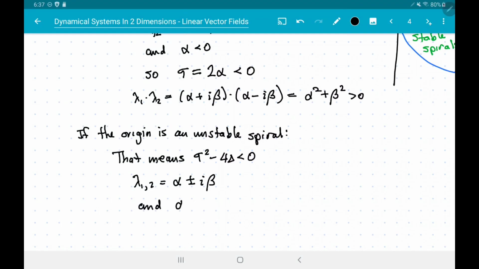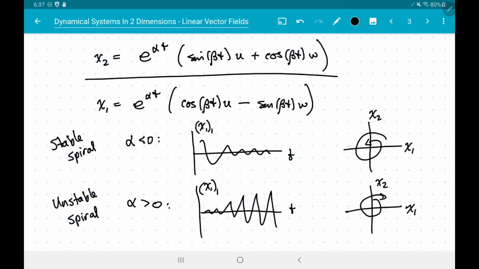And this time alpha is greater than 0 because the exponential part has to grow for the origin to be an unstable spiral.